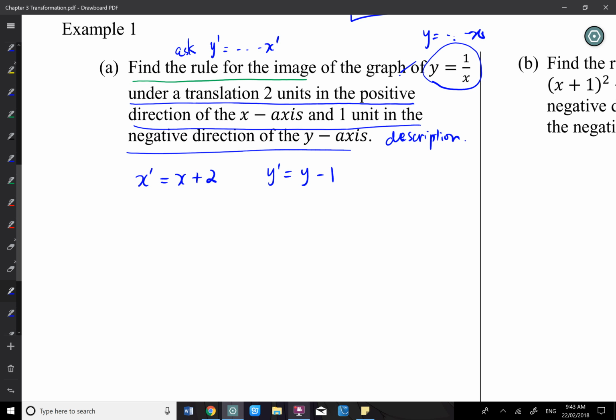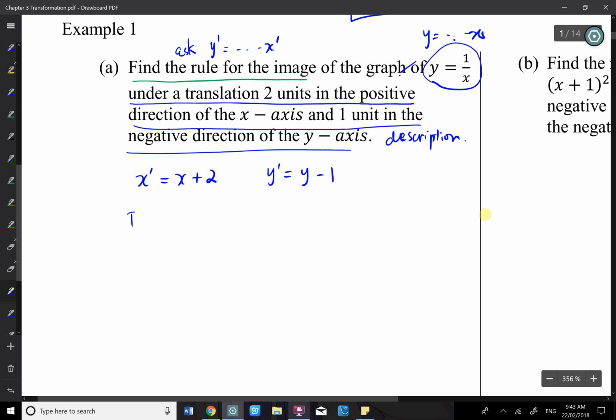Now let's think about what you have and what you want to achieve. You want to achieve x dash y dash. What you have is xy. I have x and y, I want x dash and y dash. Therefore, x dash y dash is not working because what I have is xy.